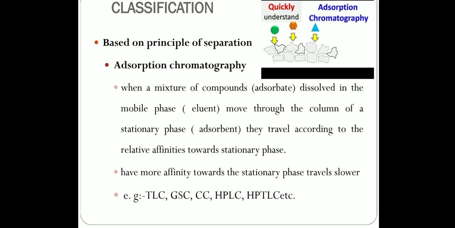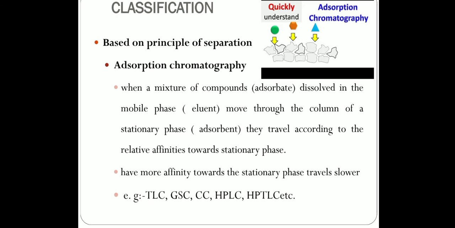The component which has more affinity towards the stationary phase travels slower, and the component which has lesser affinity towards the stationary phase travels faster. That's the main principle involved in adsorption chromatography.